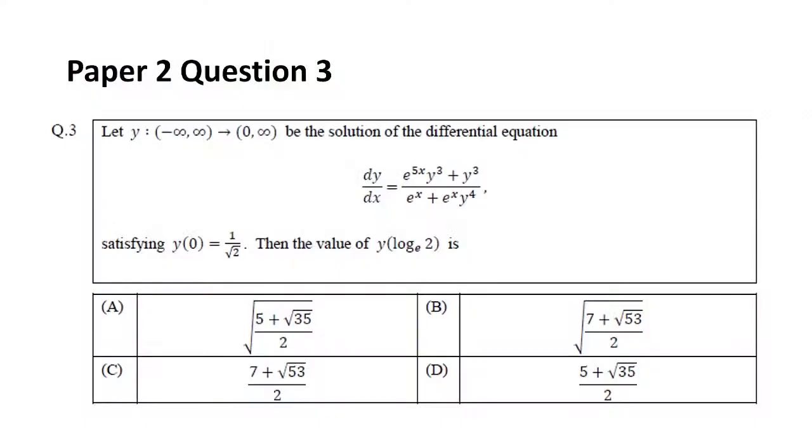The third question is based on differential equation. What is the question? dy by dx is equal to e to the power 5x y cube plus y cube, divided by e to the power x plus e to the power x into y power 4.